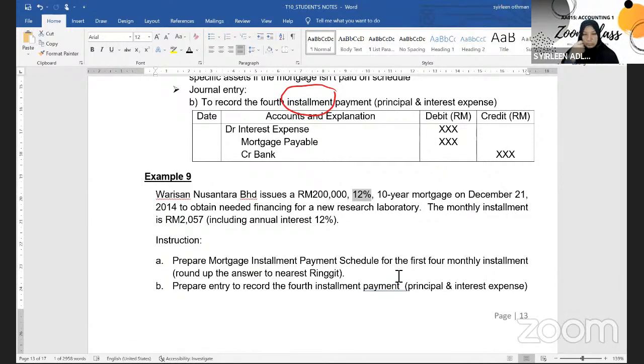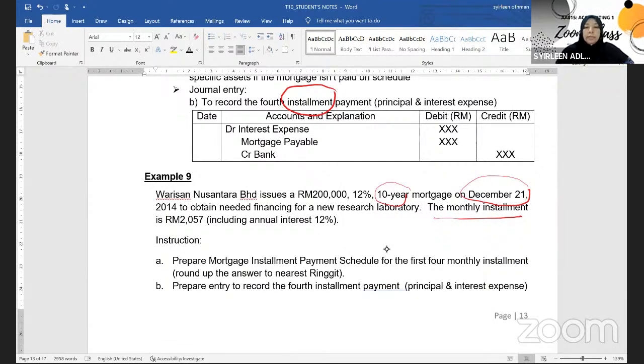All right, so how long is this mortgage? This mortgage was obtained on December 21st, for a 10 year mortgage. The monthly installment is a fixed value, so every month you are going to pay a fixed amount.